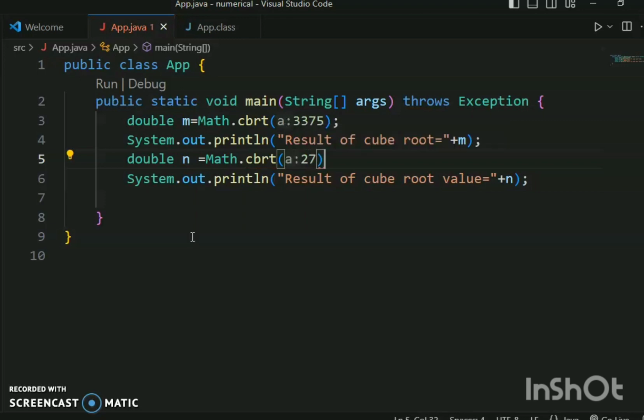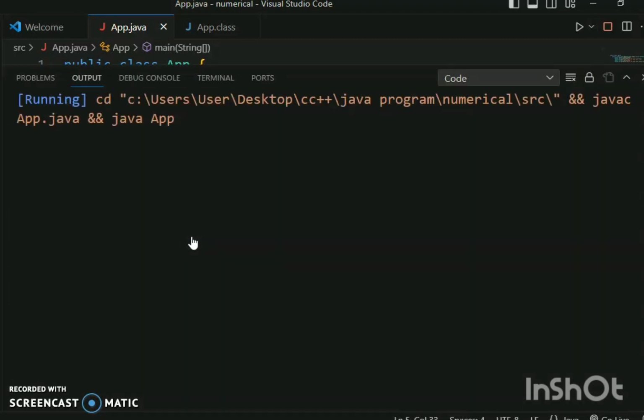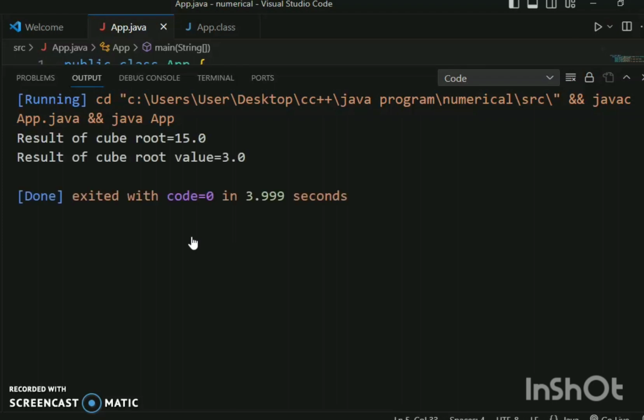So now you will check my result. The result of the cube root is 15, and the result of the cube root is equal to 3.0. So this is my cube root value. I hope it is clear for everyone.